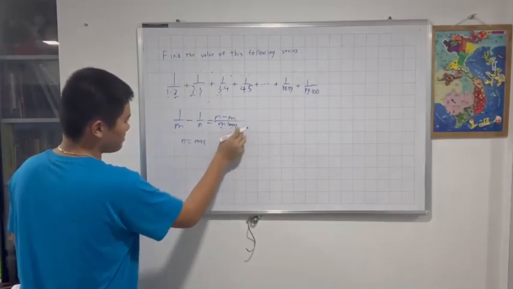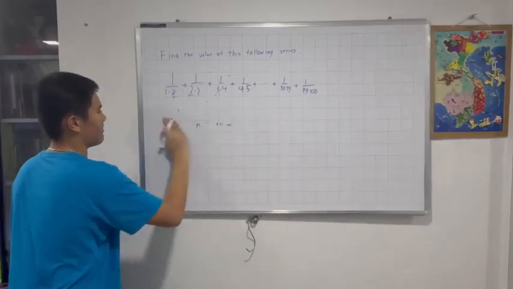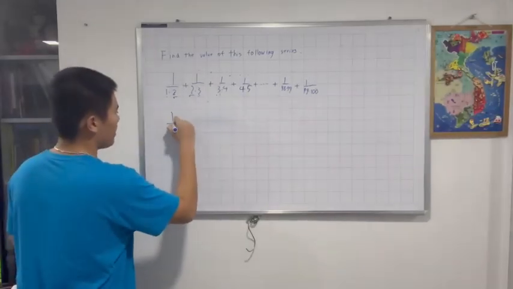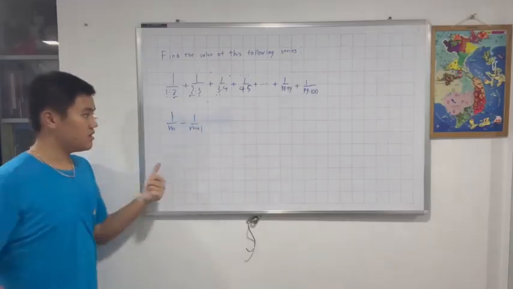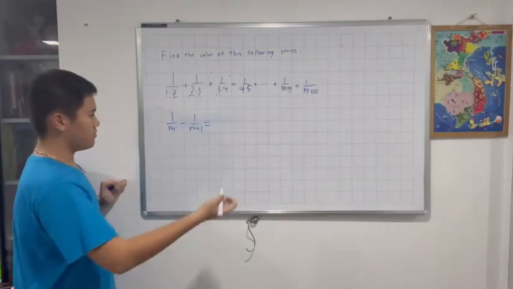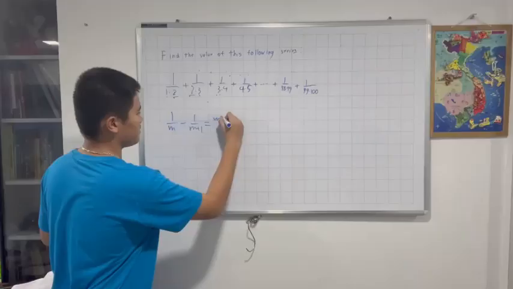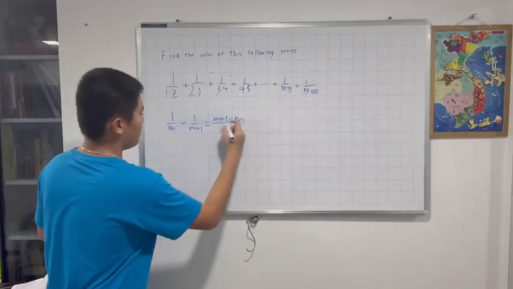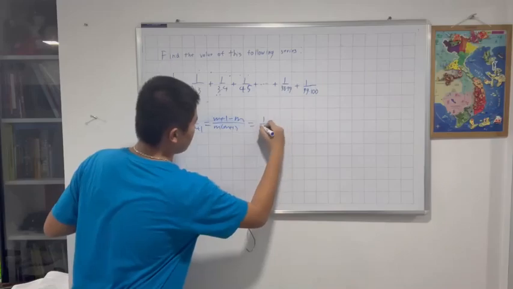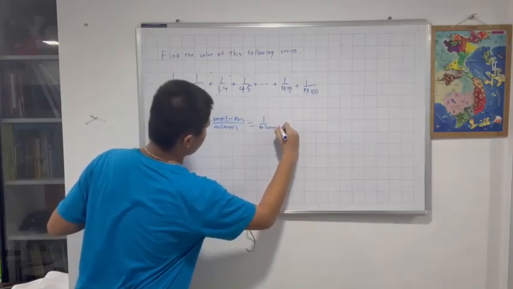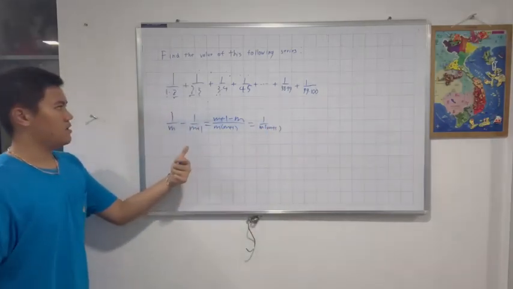So look at this: 1 over m minus 1 over m plus 1. You see here? Well, that equals m plus 1 minus m over m times m plus 1, which equals 1 over m times m plus 1.